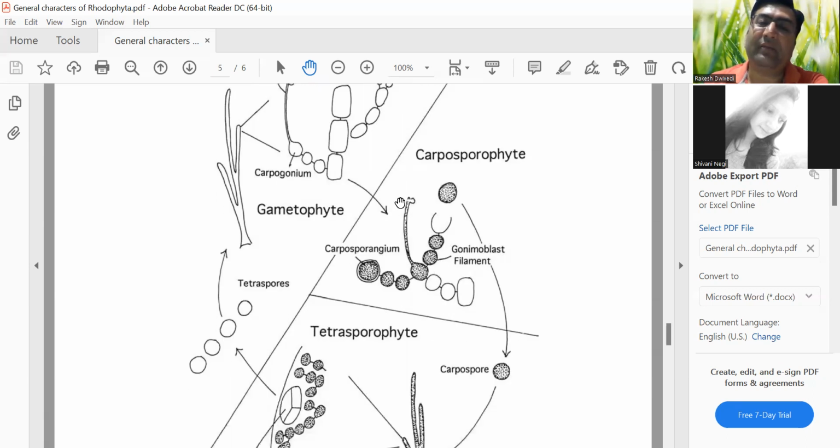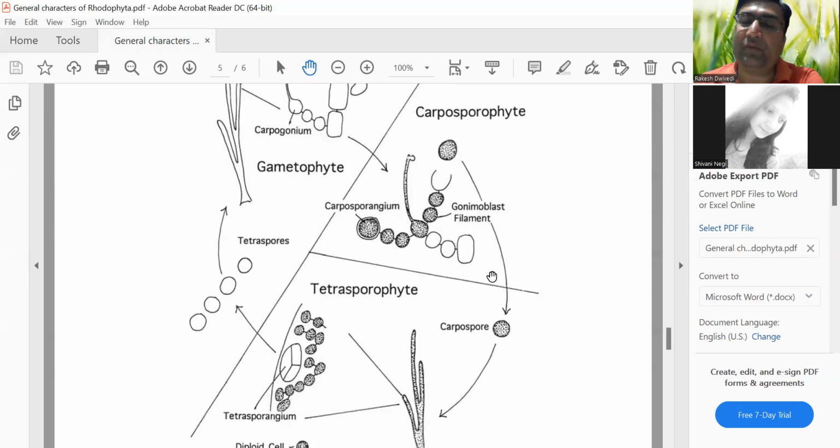This is the carpogonium. It produces carposporangium and carpospore, but without meiosis. जाइगोट में meiosis नहीं हो रही है, इसलिए यहाँ पर जो कार्पोस्पोरोफाइट है वो भी डिप्लॉयड है. क्या है? वो डिप्लॉयड है. So the carpospores which are being produced by the carposporangium, they are diploid in nature.